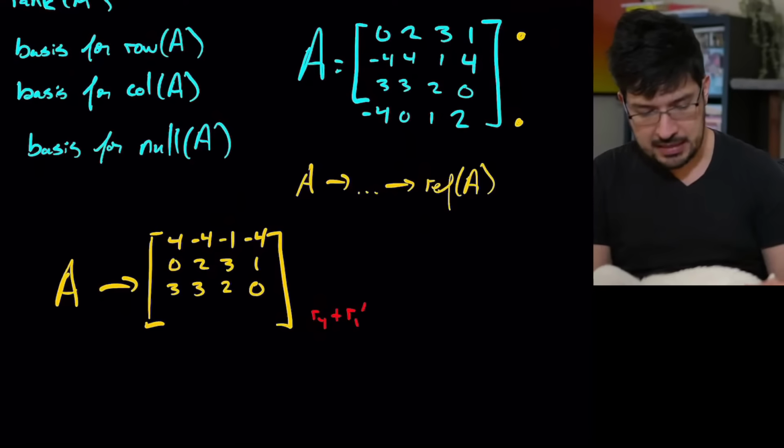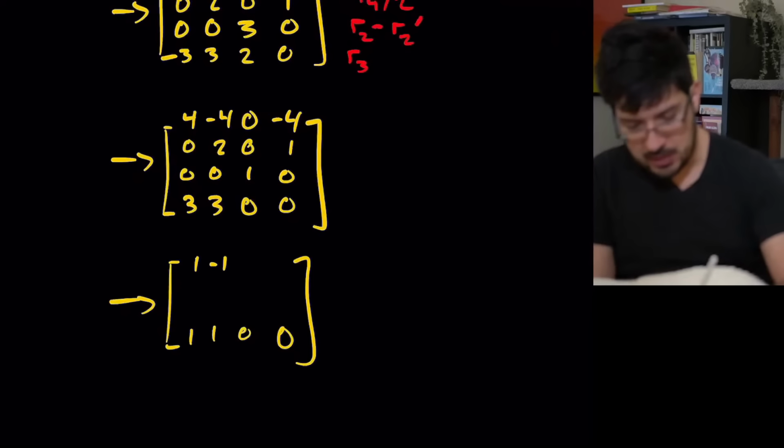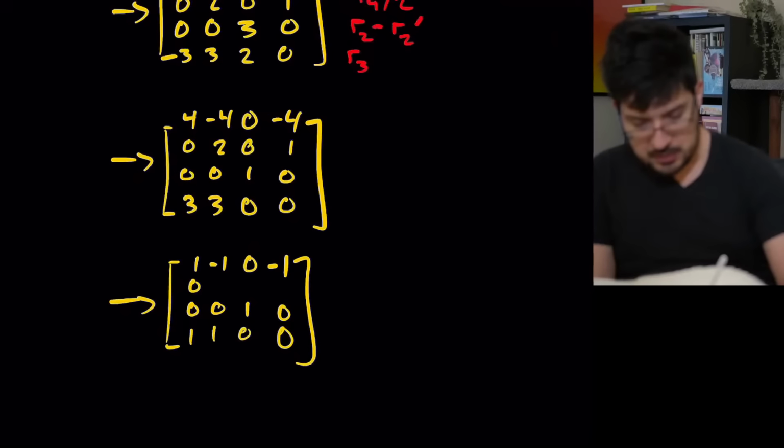I'm not going to write all the individual steps. Now, this one is a nice 1, 1, 0, 0, if we divide the last row by 3. And the first row, 1, -1, 0, -1, 0, 0, 1, 0, 0, 2, 0, 1.